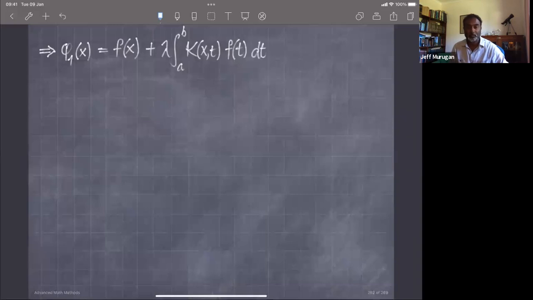That's my second guess. So I can, of course, iterate this and substitute this phi 1 into the right-hand side of the integral equation.